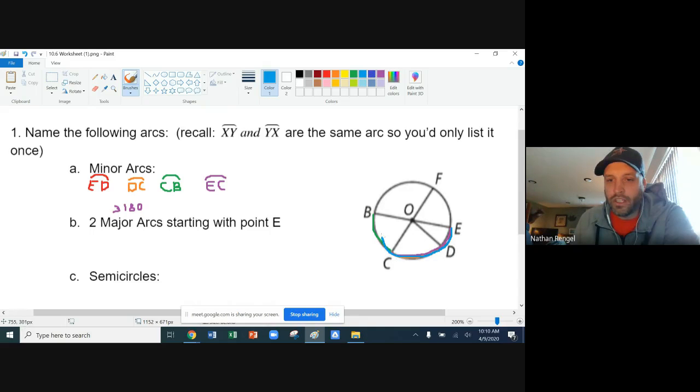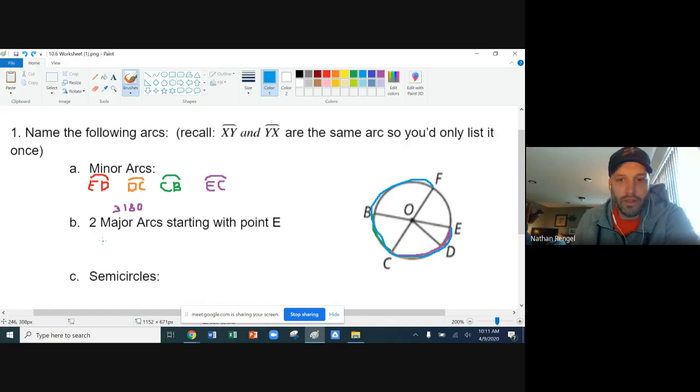I'm going to go all the way to F. Now, whenever we're naming a major arc, you do have to name 3 points that you cross, because if I just said EF, it might mean I'm going in this direction, which I'm not. So I do have to make sure that I name 3 different points that are part of that arc.